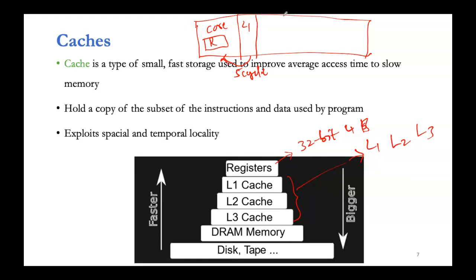If the data is not there, then another cache, a little bit bigger in storage size, called the L2 cache, generally takes around 10 cycles.